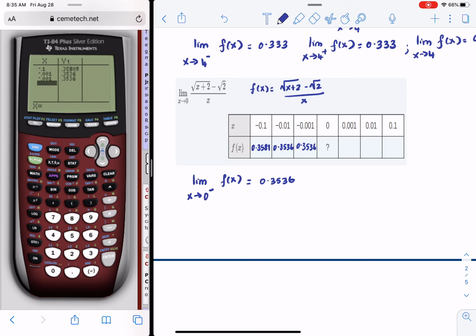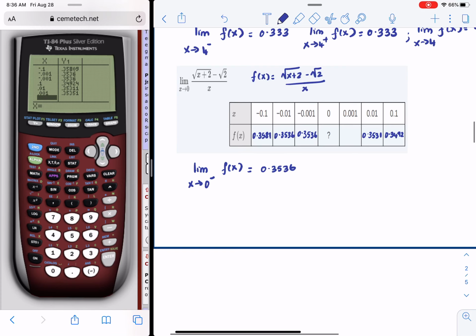From the right-hand side, when I plug in 0.1, I get 0.3492. 0.01, I get 0.3531. 0.001, I get 0.3535.